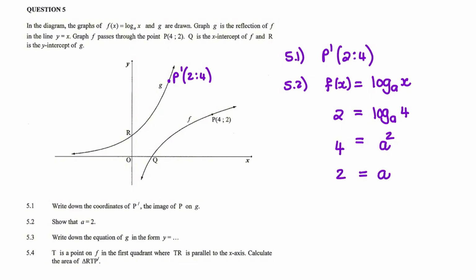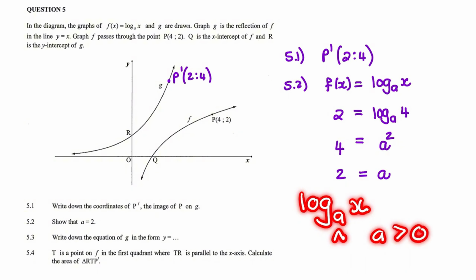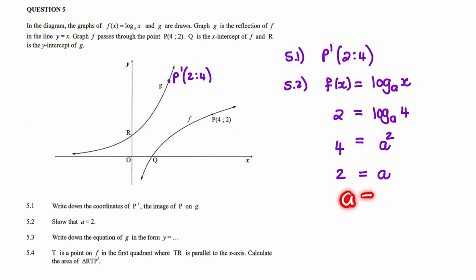Normally, when you take the square root, you would say plus minus, and you would consider plus minus 2 for the value of a. But if you remember the rules of logs, the base of the log, so that a value, must always be bigger than 0. So I will not consider a equals negative 2. 5.3.